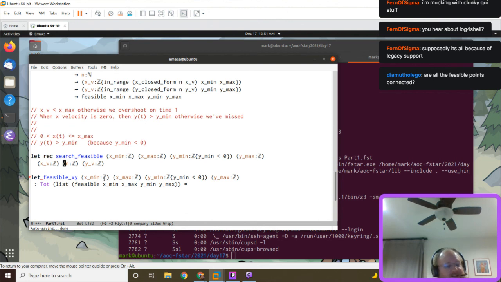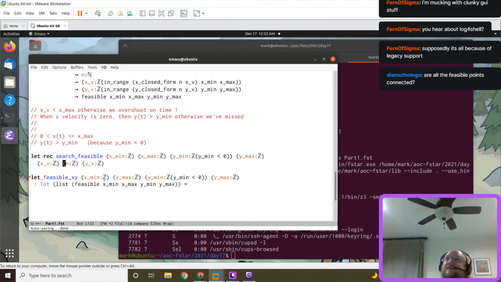We could just do the easy thing and search all tuples in increasing order, filter to those that are feasible, and just print out the highest height we'd seen so far. If we let that run a while, we could be confident it wasn't coming up with any answers.